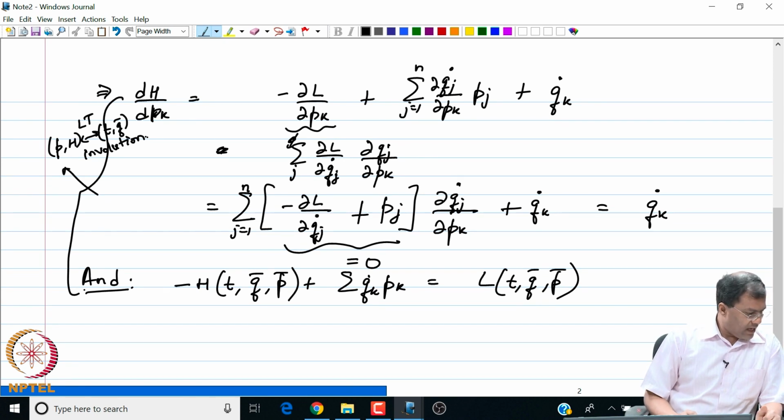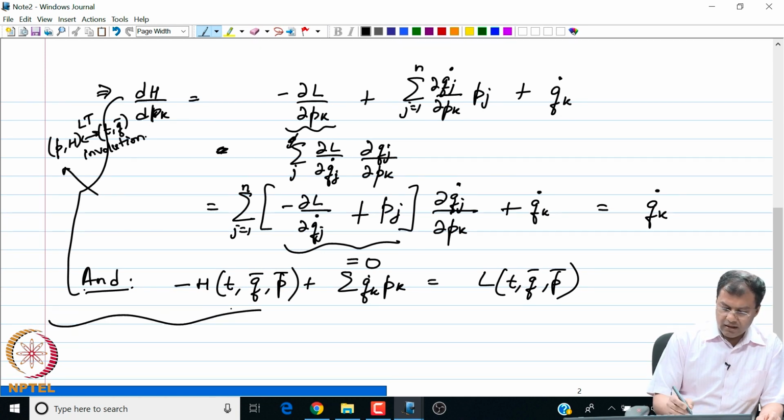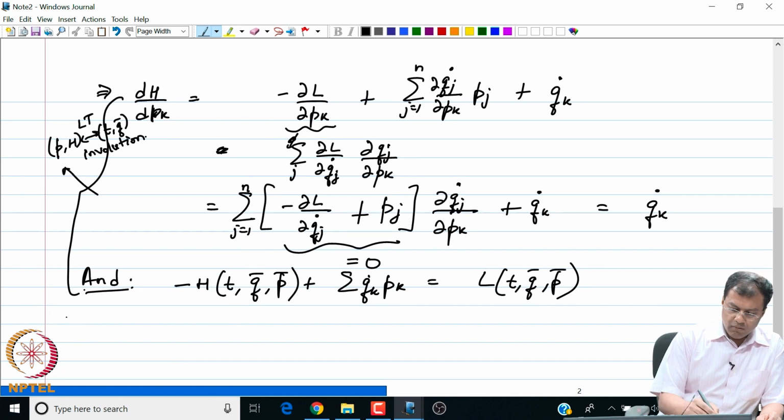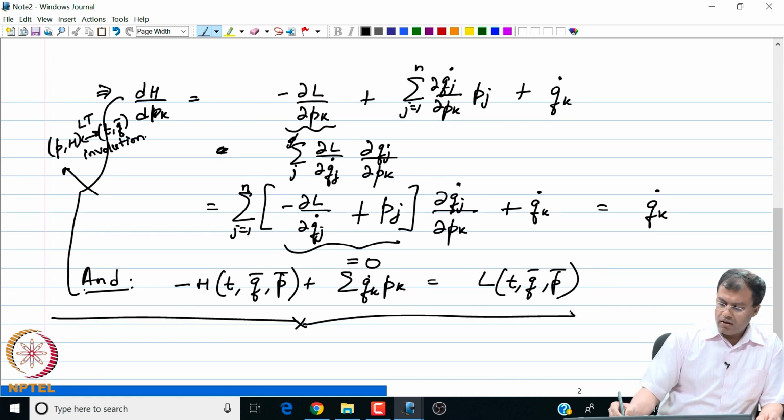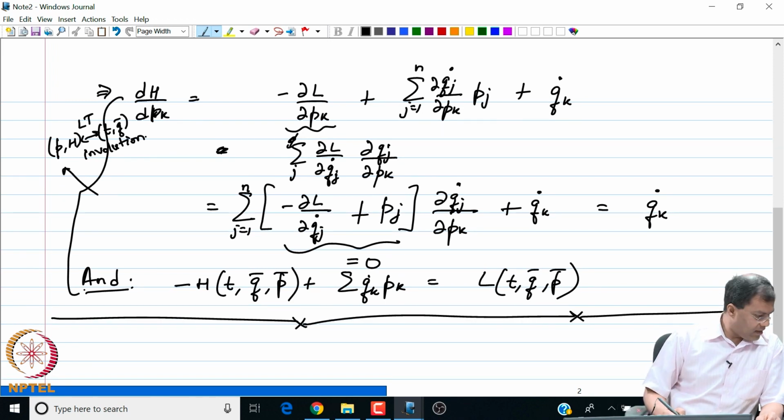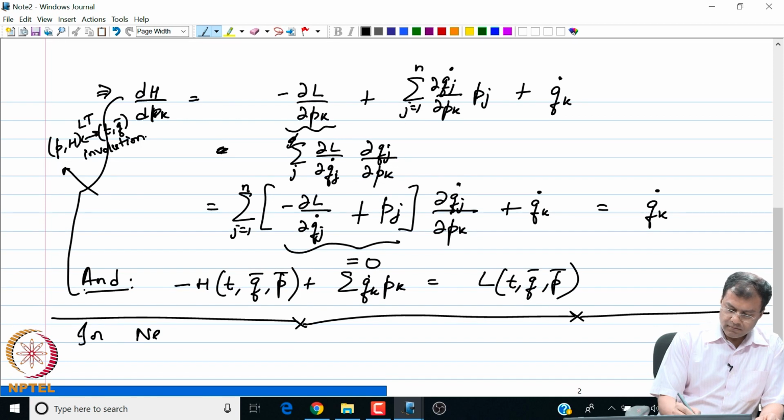So let's look at this example in a more applied framework. For example, in Newtonian mechanics, my L, which is the Lagrangian, is the sum of the kinetic plus potential energy.